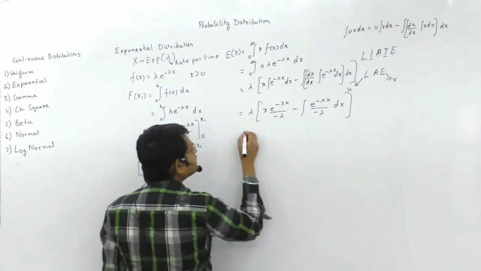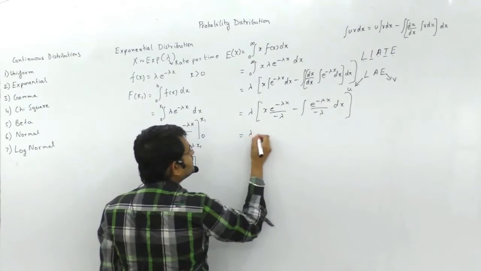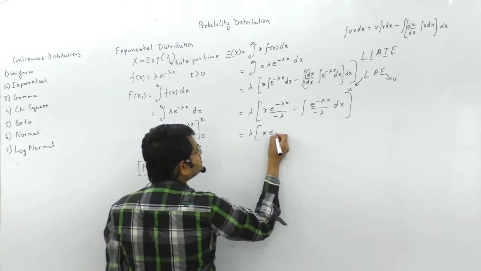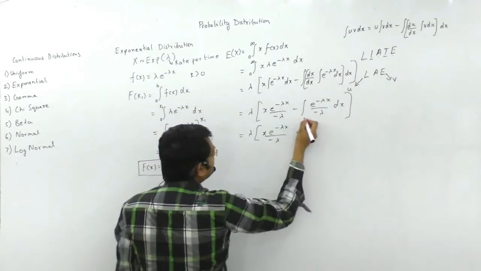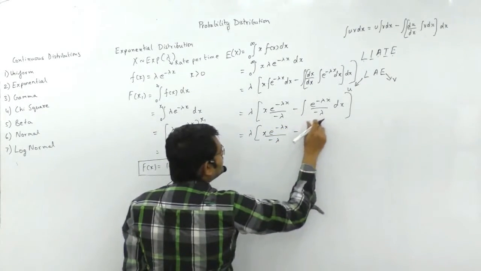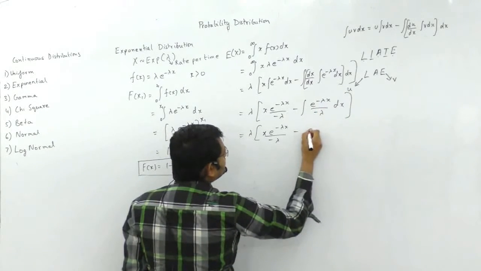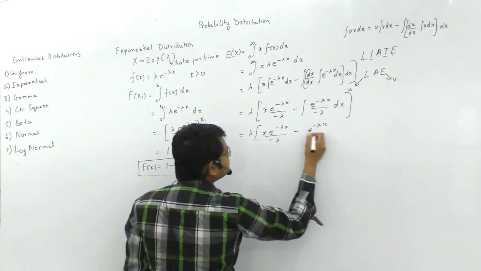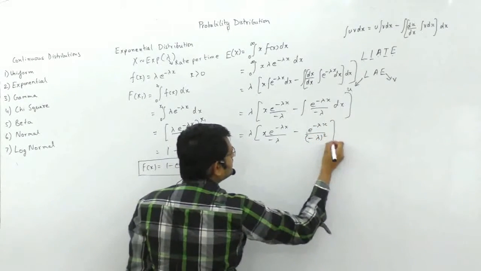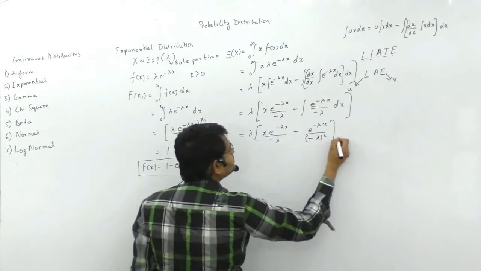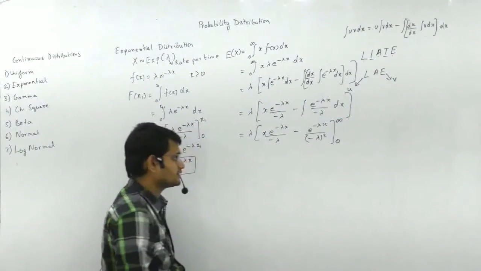Again we'll have to integrate this. We get lambda, x e raised to minus lambda x upon minus lambda, minus, and another integration, again we'll get e raised to minus lambda x upon minus lambda, so we'll get minus lambda square. And now we'll put the limits 0 to infinity.